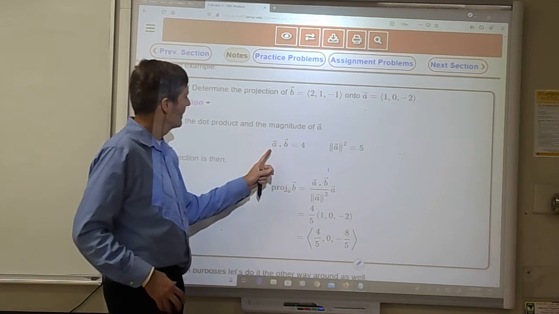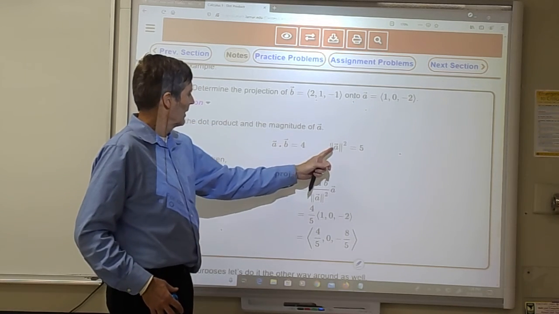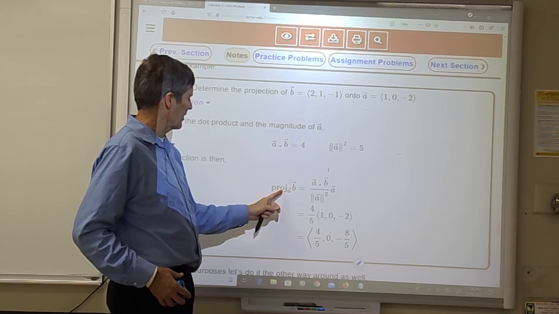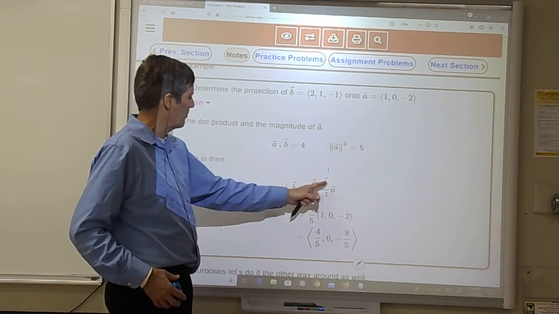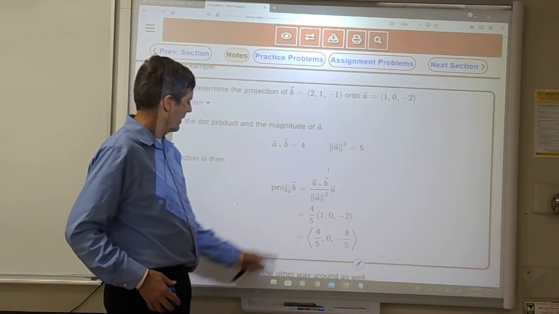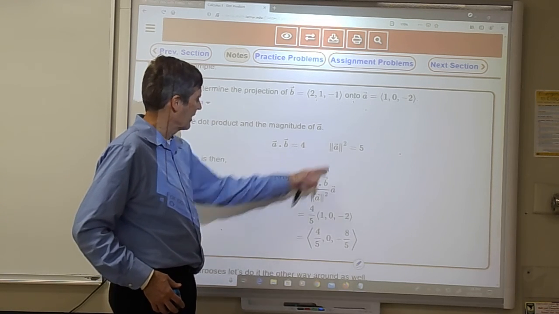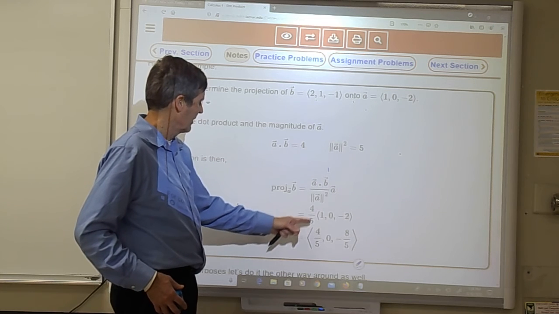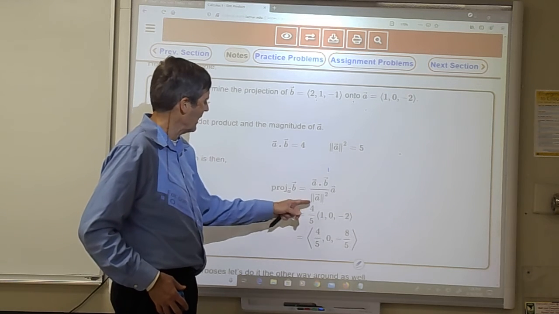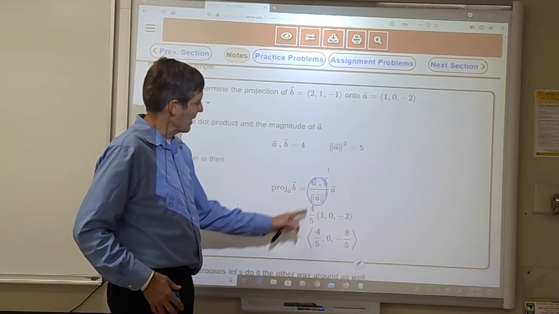We take a dot b, we take the length of a squared, and we say the projection of b onto a is (a dot b) over the length of a squared, times a. And so we just compute: a dot b was 4, length of a squared was 5, and a is in this direction. So this is always a number that tells you how to scale a vector.